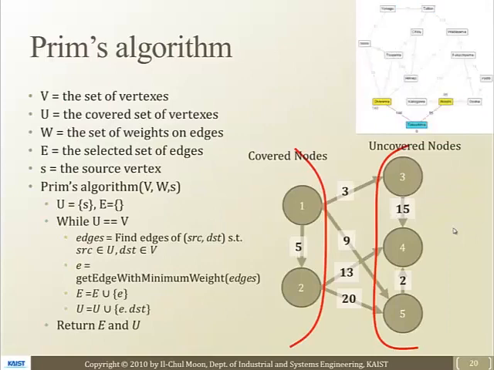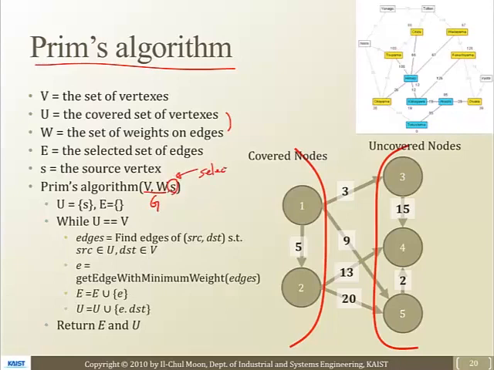To solve the minimum spanning tree problem, we can utilize Prim's algorithm. Prim's algorithm takes the graph structure and S, the selected source vertex that we start with.